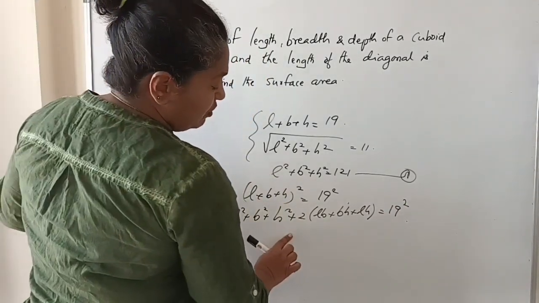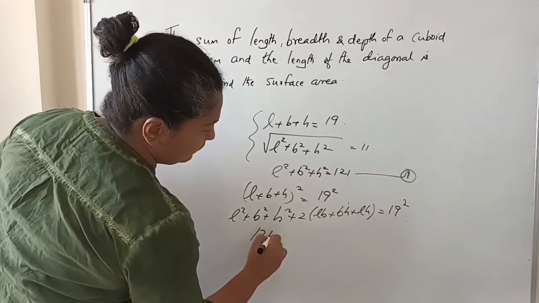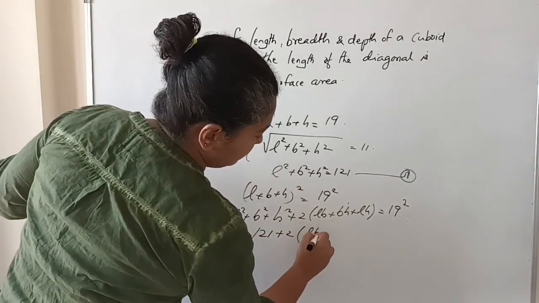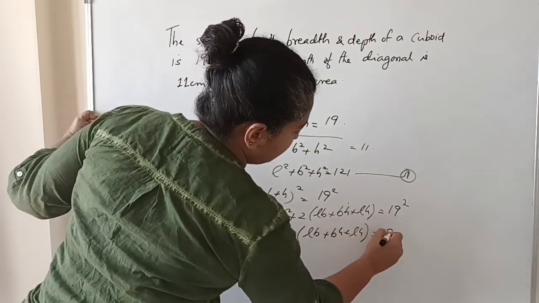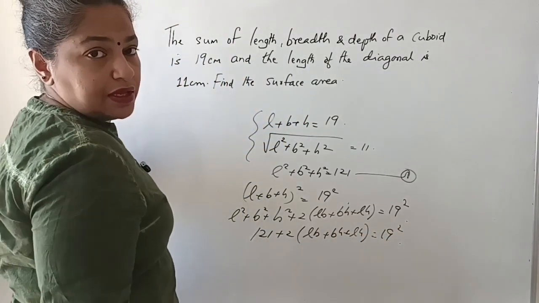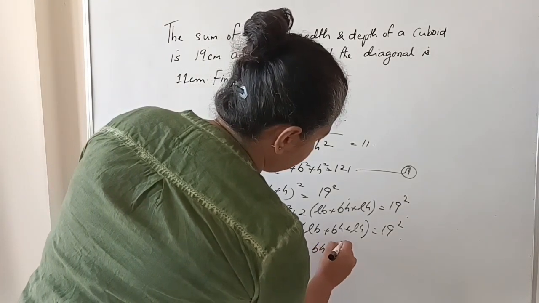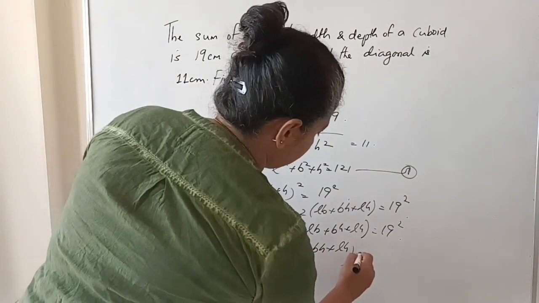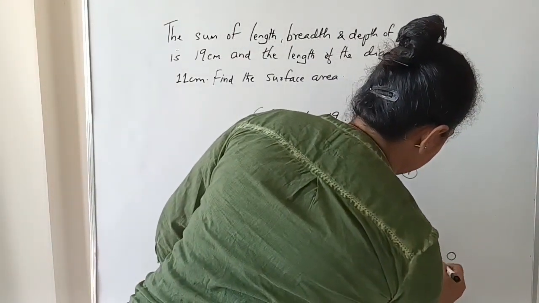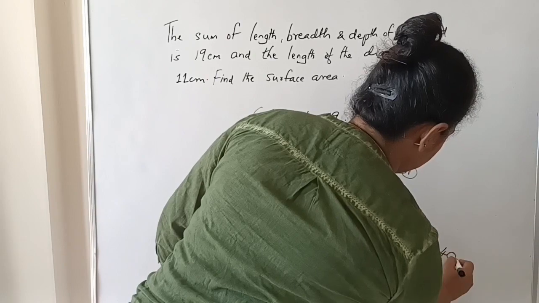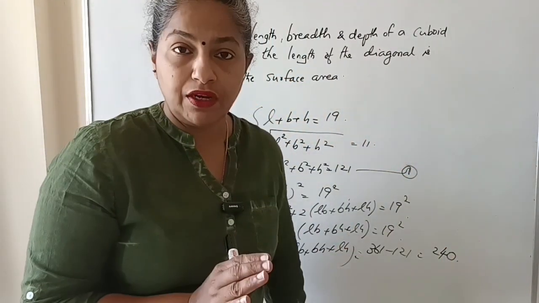What is the value of L square plus B square plus H square equal to? It is 121 over here. Right? You will get 2 into LB plus BH plus LH is equal to 240.